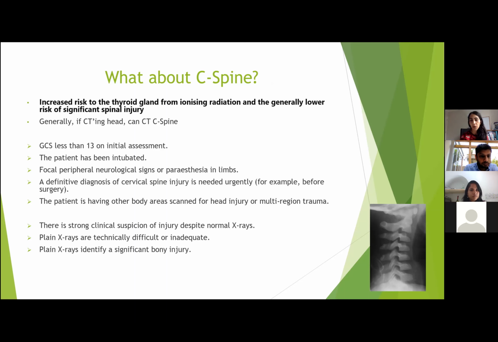Most of the time you'll do x-rays, and when you do x-rays, you're going to use your 3 views: your odontoid peg, your AP and your lateral. And then if you've done your x-rays and they're technically quite difficult or inadequate, and you've got high suspicion, you do CT. If there's a significant bony injury, again, you do a CT as well.